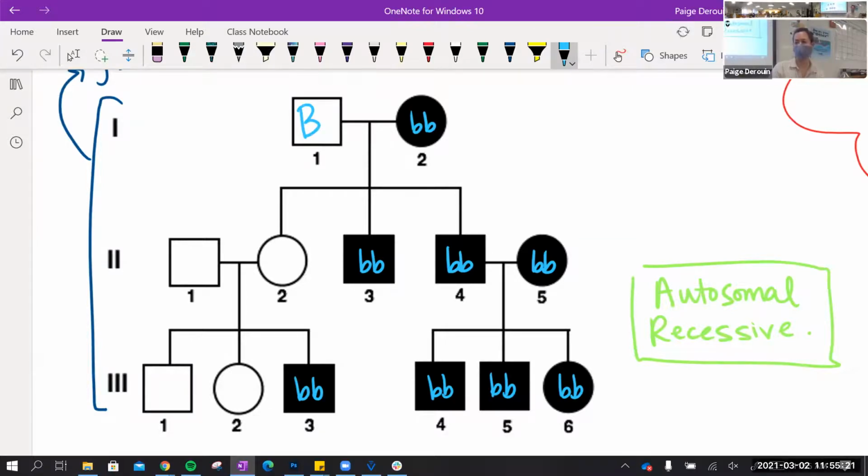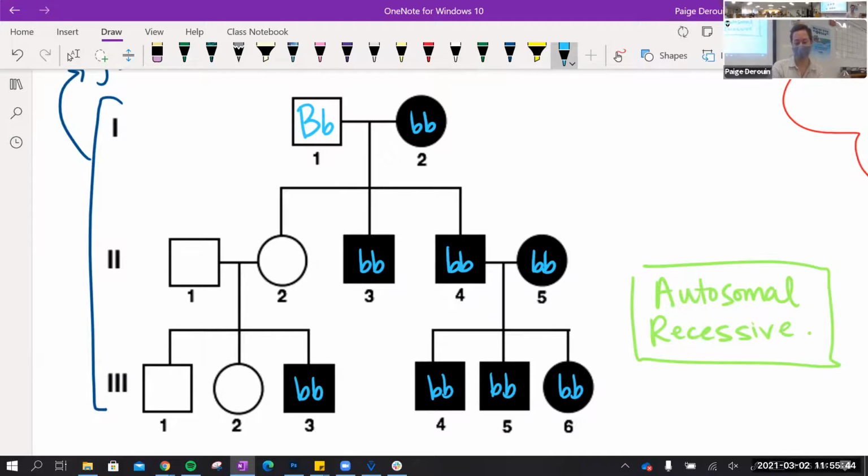And his sons both show the trait, so he has to have a lowercase because he had to give a small b to this son, right? And this person also gave a small b to this son. Otherwise, he wouldn't have been able to have that child, and he has that child, so he did.